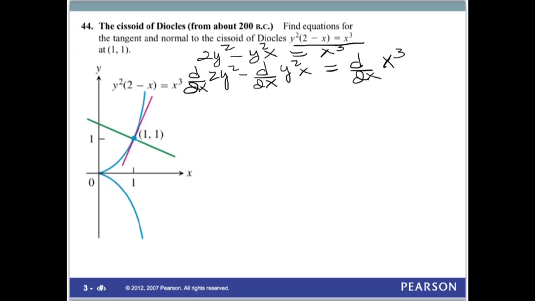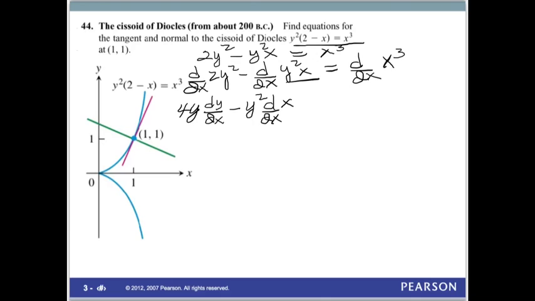Now, following the procedure for implicit differentiation, to take d/dx of 2y squared, we first have to take the derivative with respect to y, which is 4y, and then we multiply by dy/dx. That's the chain rule. Then you'll notice taking d/dx of y squared x, that's a product, so we're going to use the product rule, and so we take minus the first, which is y squared times d/dx of x.